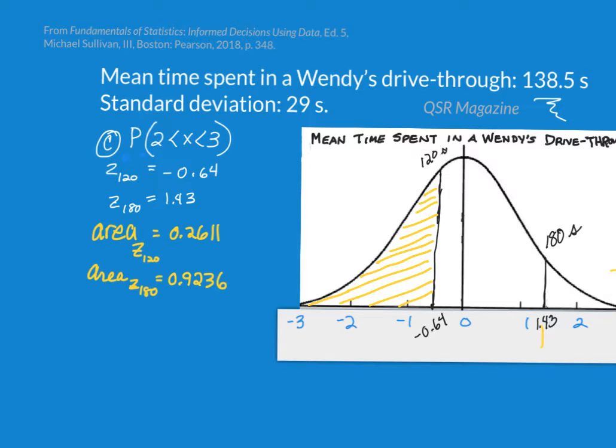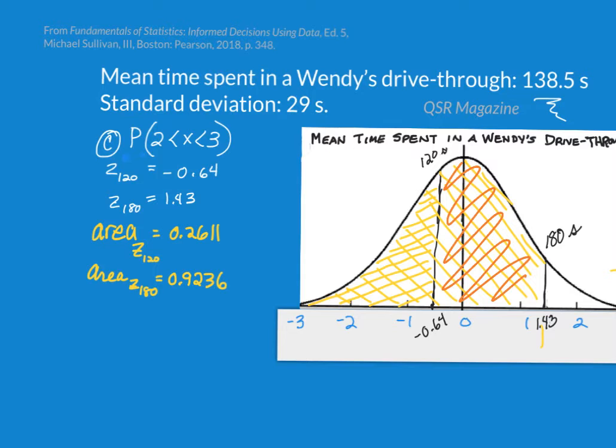So I'm going to shade this, all the area to the left this way. But wait a minute, we're not interested in either of those areas. The area that we are interested in is here. It is the area between the two z-scores.